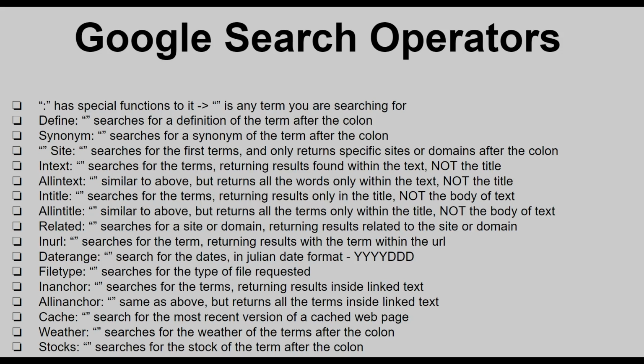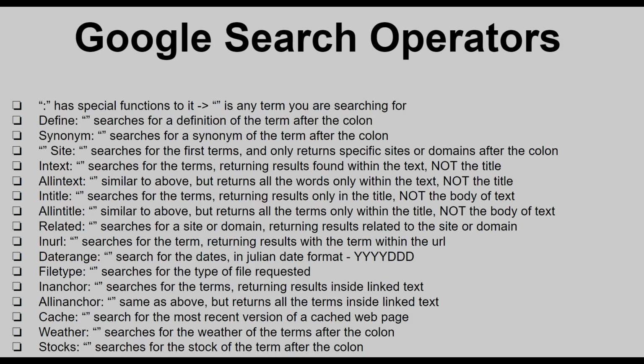And there's a whole bunch of these. Going through, you can do define, or if you want some synonyms, you can do synonym colon, and you'll search for synonyms of whatever that word is. Another one being site. Let's say you're looking for a specific site. You can search whatever the topic is and only return certain sites.